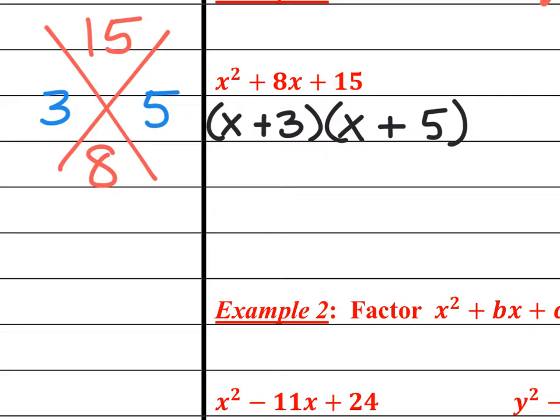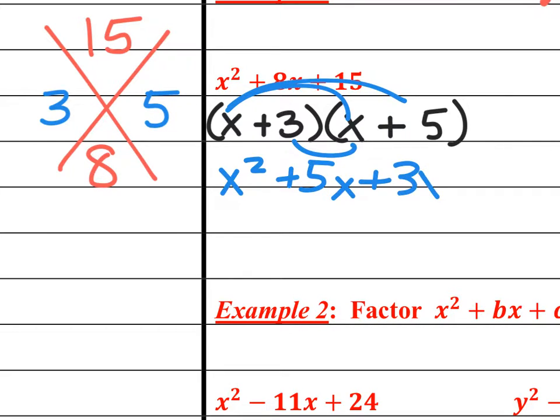So after you find those two numbers, and you've broken it up into two smaller binomials, we should multiply it out and see if it works. x times x is what? x squared. Okay. x times 5. Okay. 3 times x. Okay.